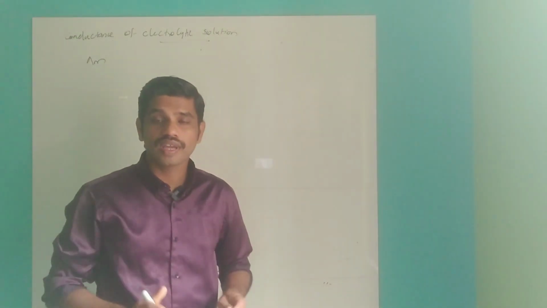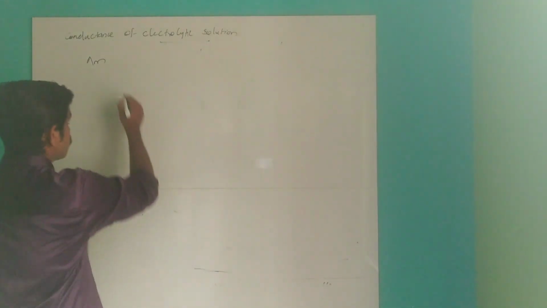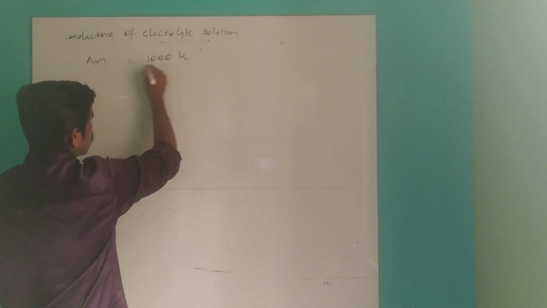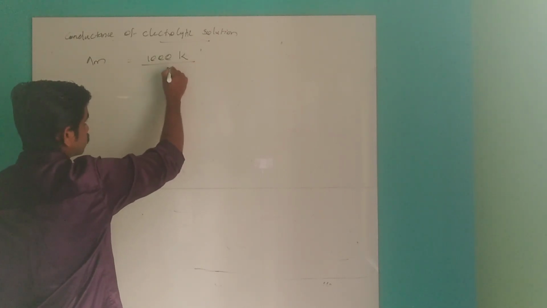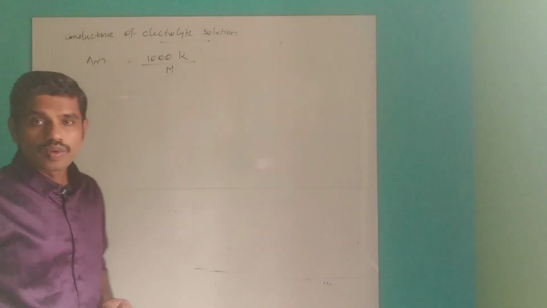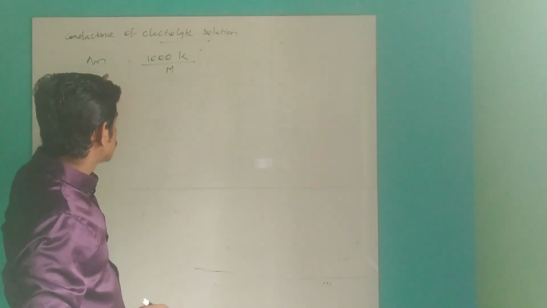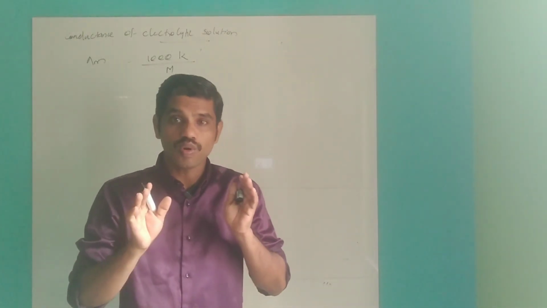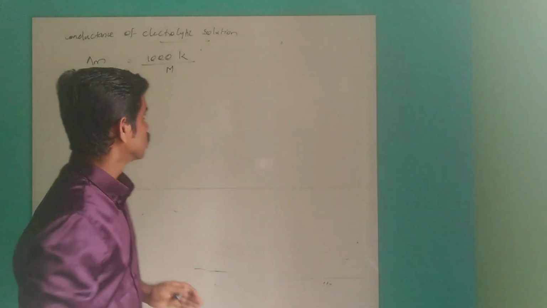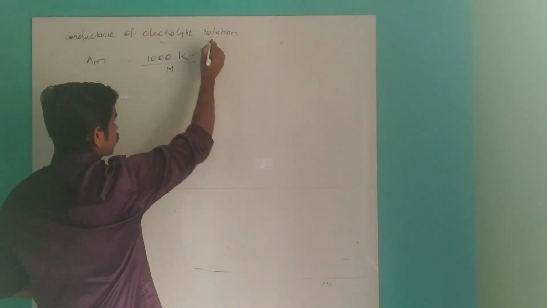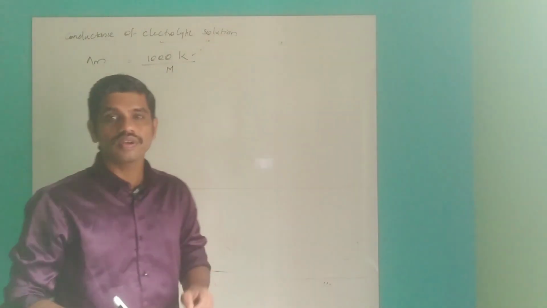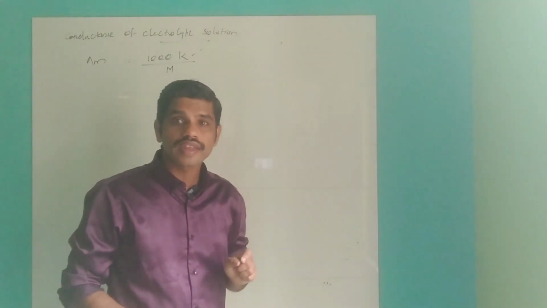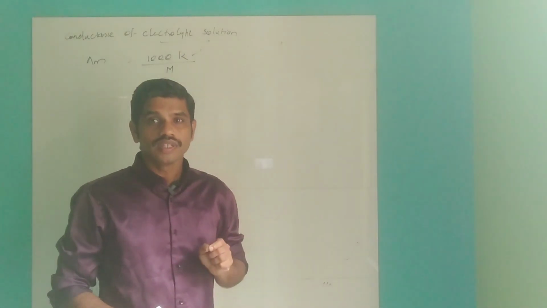Molar conductivity can be found by the formula lambda m is equal to 1000 K divided by M. Molar conductivity is the conductivity produced by 1 mole of a solution. Here K is the conductivity of the solution, and M is the molarity of the substance.